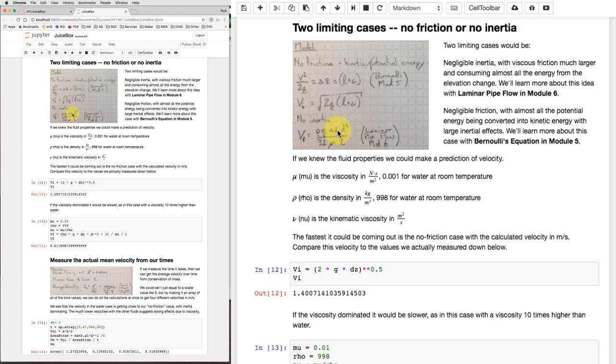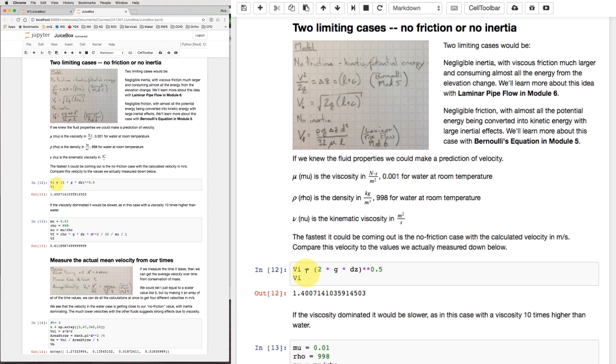So we're using all of the energy to overcome the friction. And that'll have a velocity associated with a purely frictional system that we can get from this equation here. So if we knew the fluid properties, we could make a prediction of the velocity. The fastest it could be coming out is the no friction case. If we had no friction, then we'd get as fast a value as we possibly could.